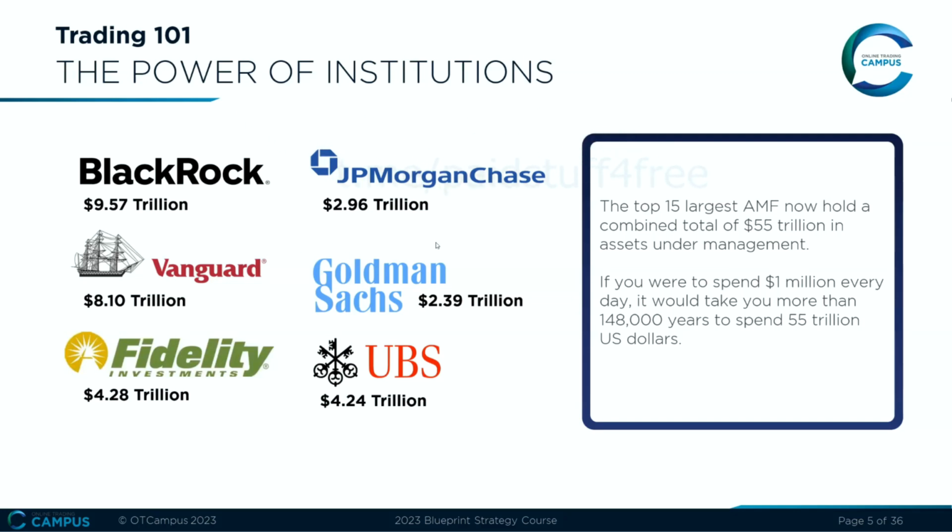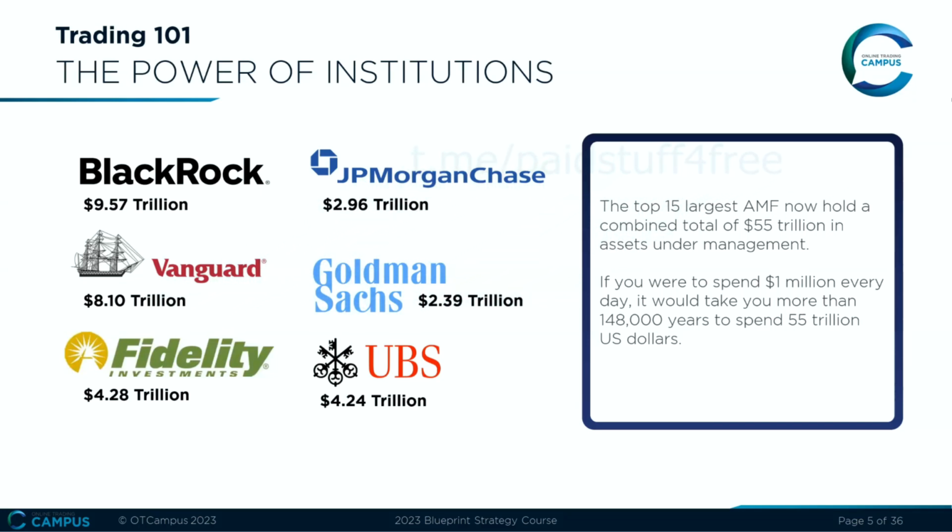And if you were to look at the top 15 largest asset management firms, they now hold a combined total of 55 trillion US dollars in assets under management. Now, 55 trillion US dollars is a large amount, and it can be difficult to grasp that.